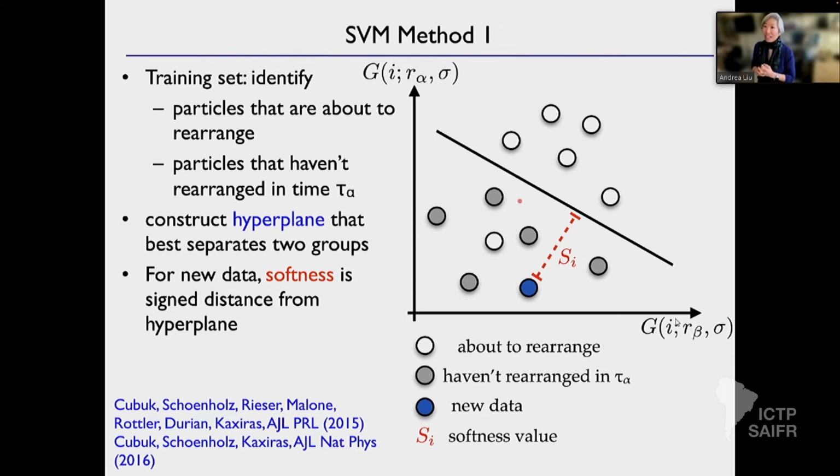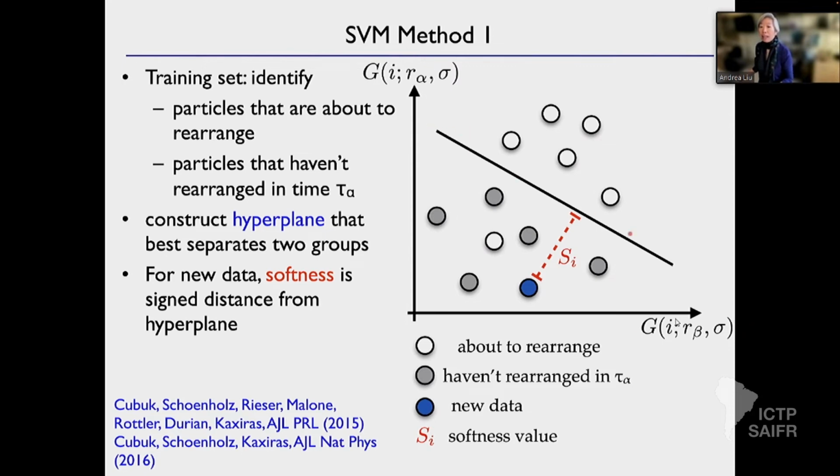Right, but my question is, the line that you draw in your schema, is it taken from the structure? Because G is a correlation function based on the structure. G characterizes the structure, so the hyperplane is defined in a high-dimensional space that characterizes the local structure around the particle.